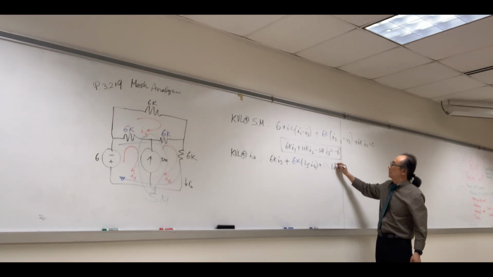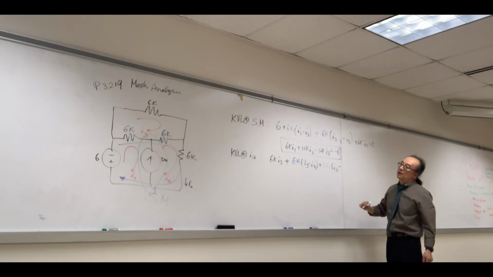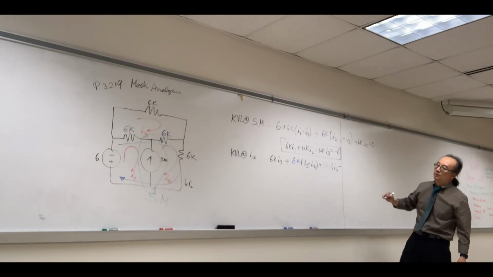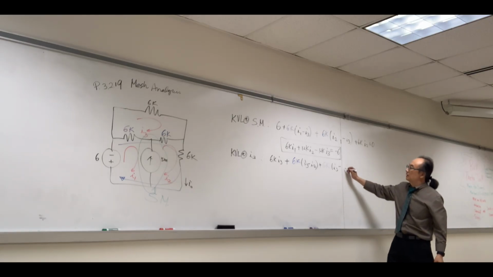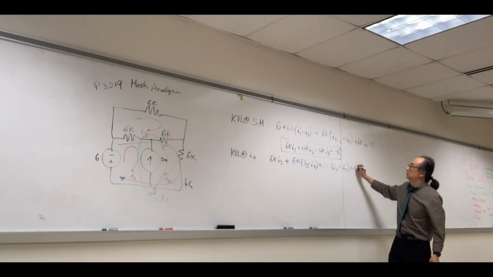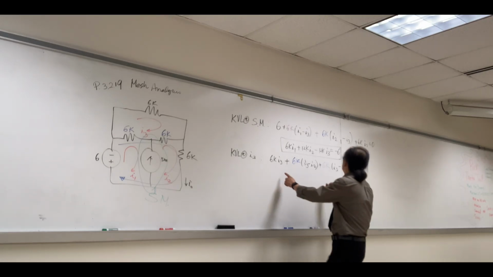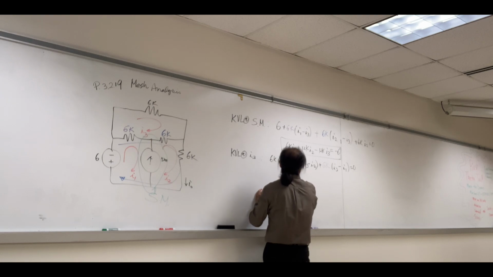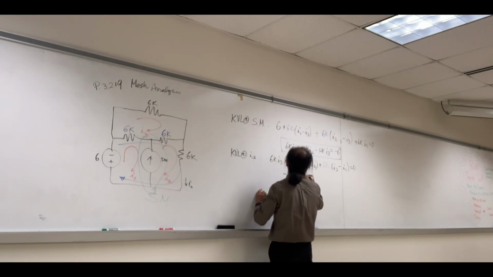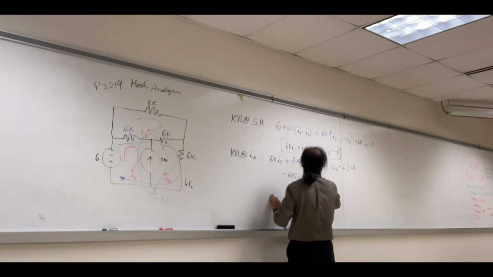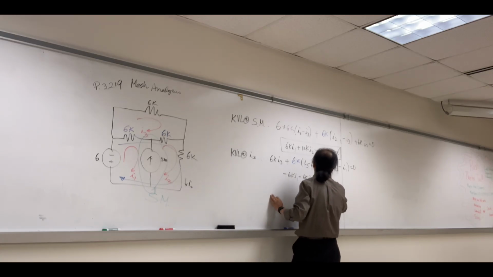Our reference current is I sub 3 minus the opposite direction we have at the bottom of the 6K, which is I sub 1. That equals 0. So if we simplify, negative 6K I sub 1, negative 6K I sub 2, plus 18K I sub 3 equals 0.